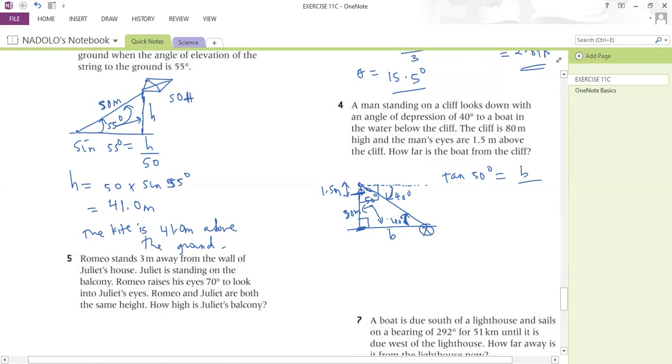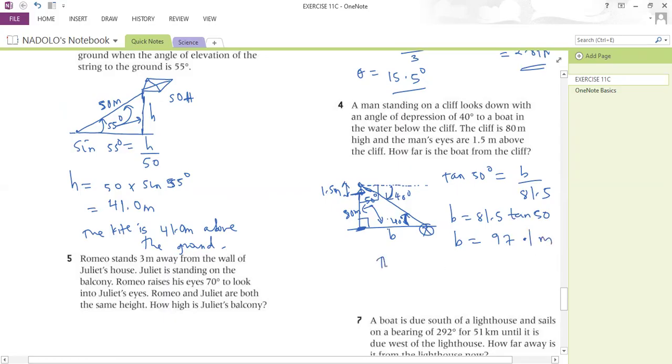Adjacent is 80 plus 1.5, the height of the man, which is 81.5 meters. So to get B, you multiply 81.5 by tan 50. You can simply use your calculator to do 81.5 multiplied by tan 50, and you'll get your answer as 97.1279, to three significant figures, just 97.1 meters.